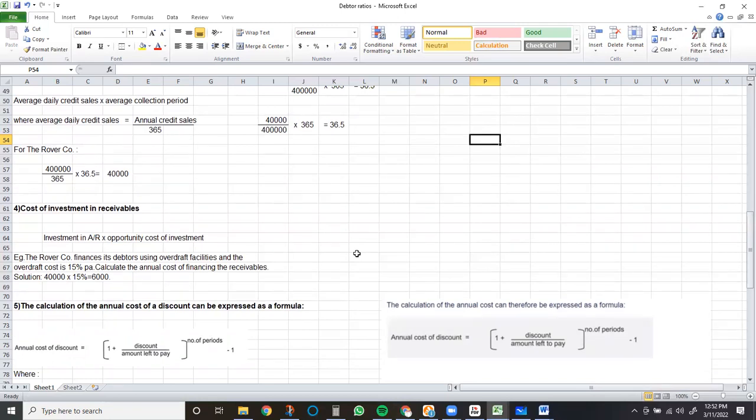All of the assets of the firm must be financed in some way. Generally, the current liabilities assist in financing the current assets, and if there's a positive figure for working capital, it means that the remainder must be financed through long-term sources.